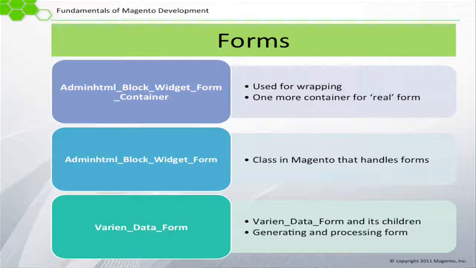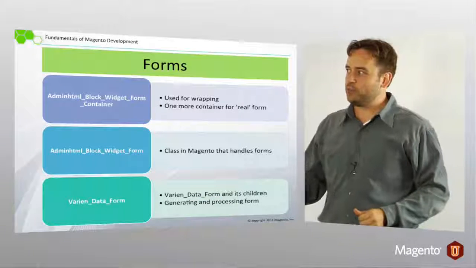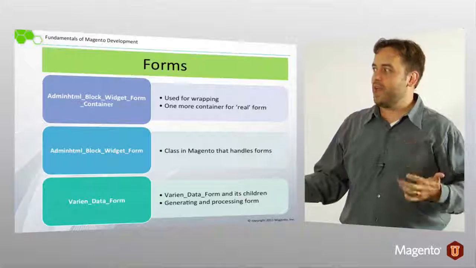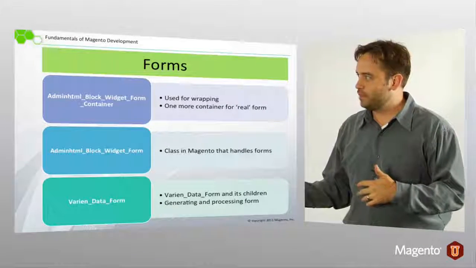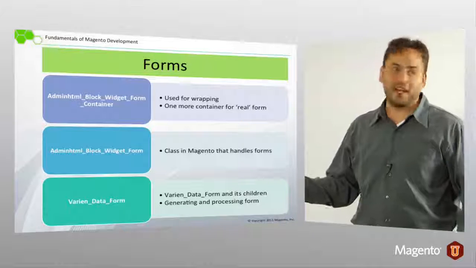So again, we have this basic concept of containers containing blocks. Well, at the outermost we have Adminhtml block widget form container. So this one wraps around the form class. That form class will be an extension of Adminhtml block widget form, because that's the class in Magento that handles forms.